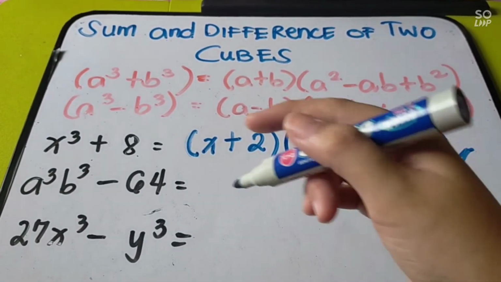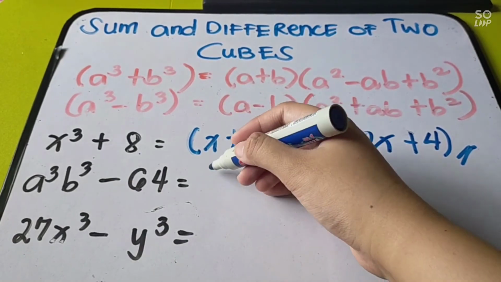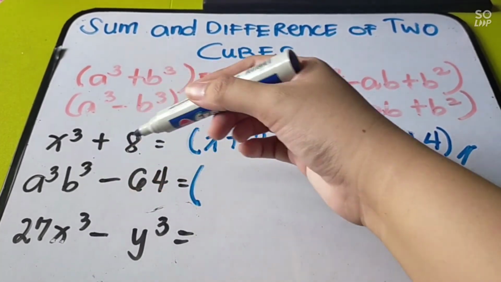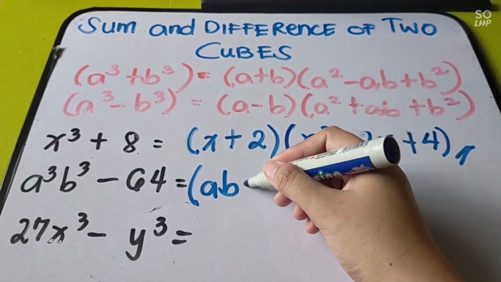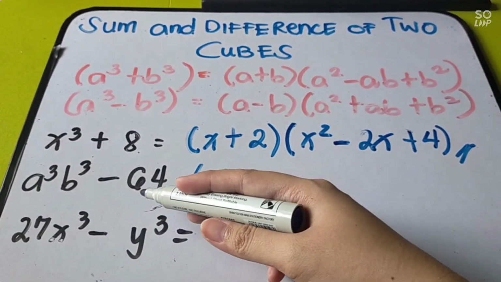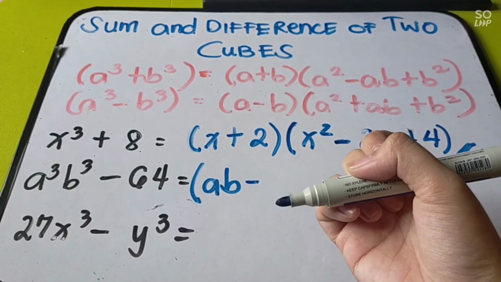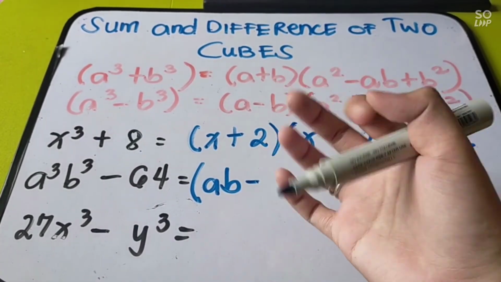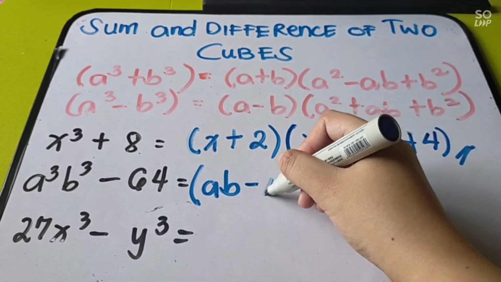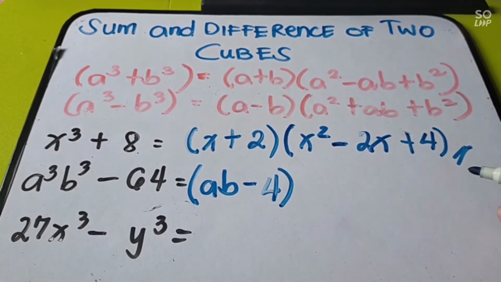Alright? Next tayo. A cubed, b cubed, minus 64. So, a cubed, b cubed, it becomes ab. Then, minus. The cube root of 64, we have 4 times 4 times 4. 4 times 4, 16. 16 times 4, the answer is 64. So, the answer here is 4. Yun yan.